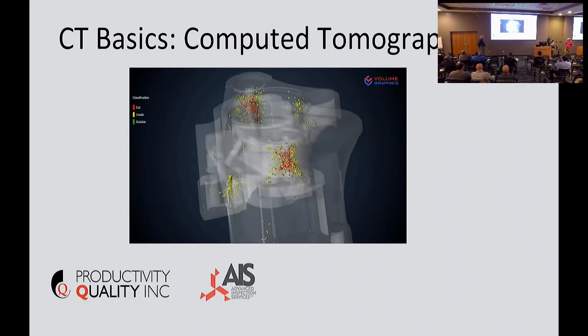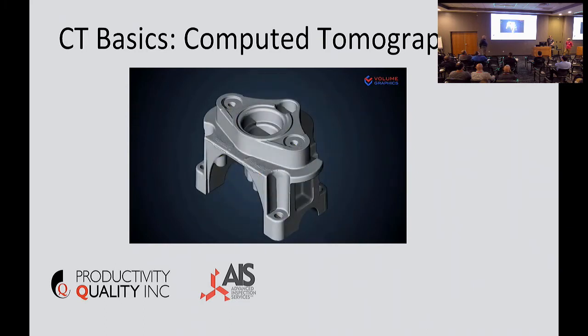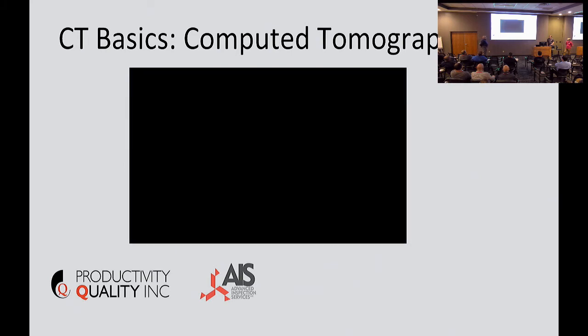How many of this size void do I have? Am I over a threshold on a certain kind of porosity? And so that is the very basics of computed tomography.